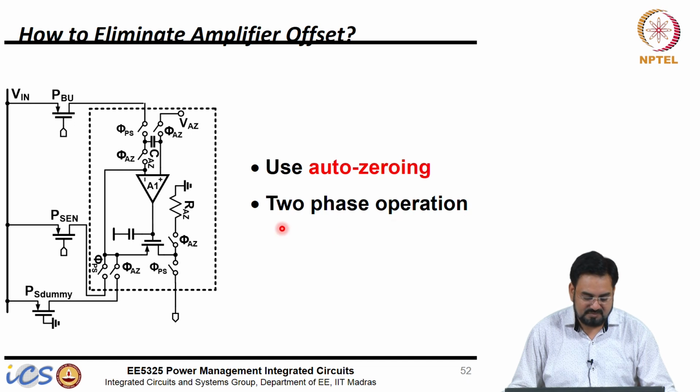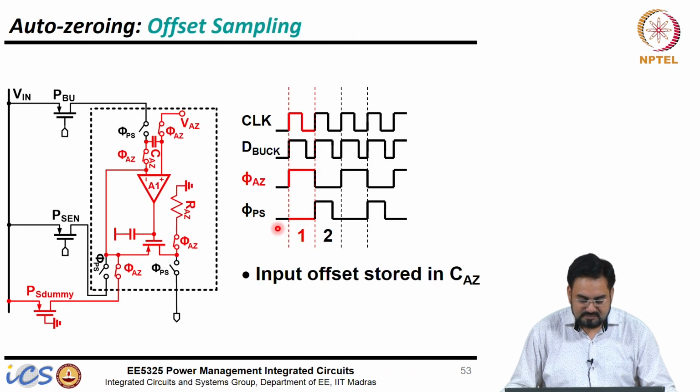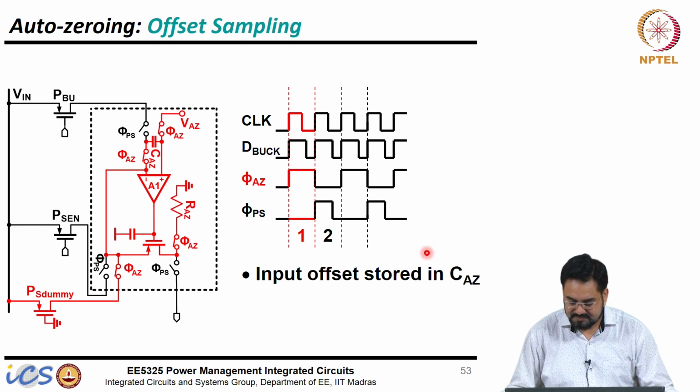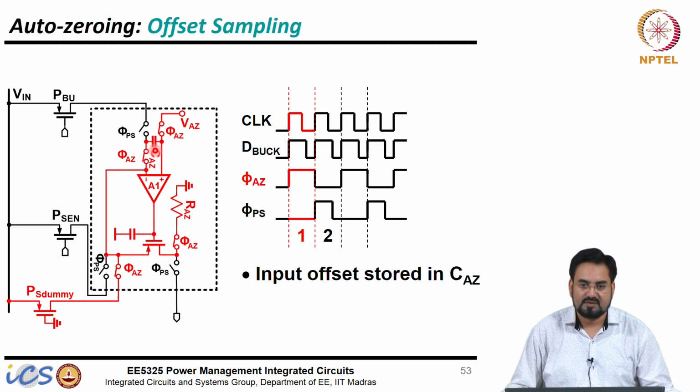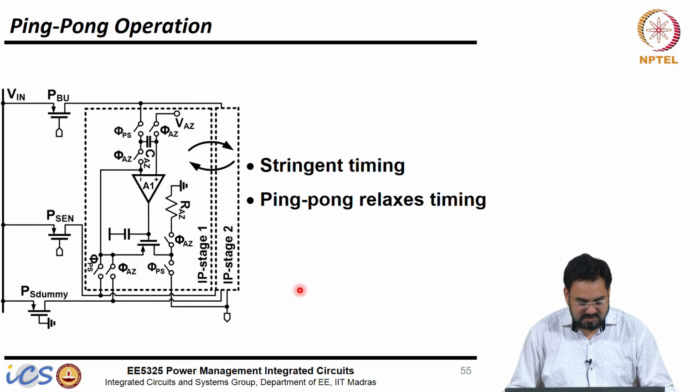So it is a two phase operation. Your input offset is stored in this capacitor, and in the next phase it gets cancelled out.